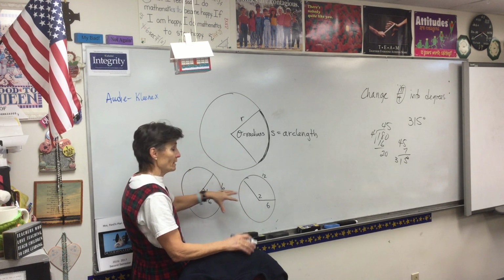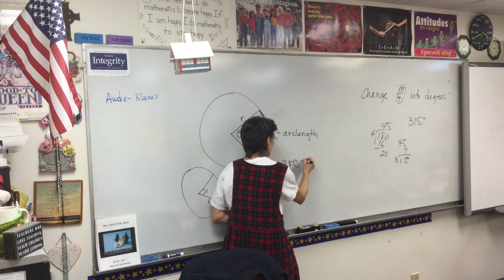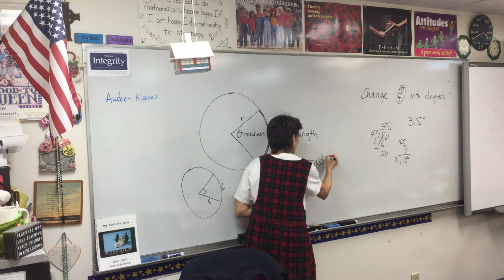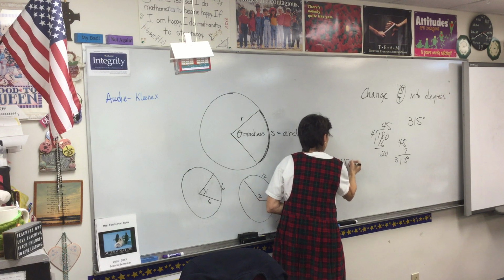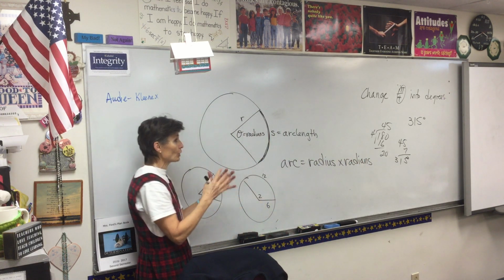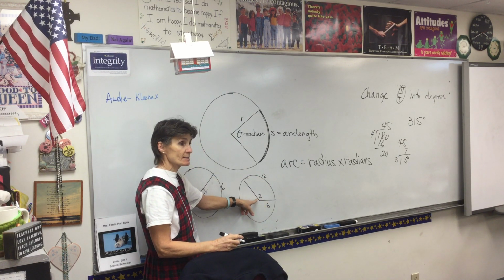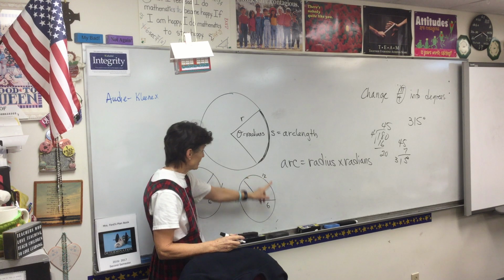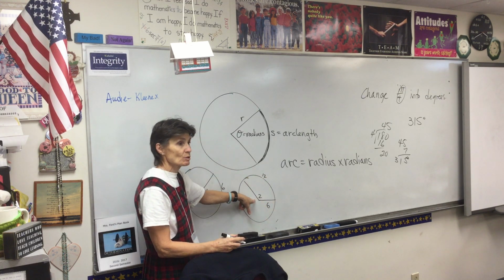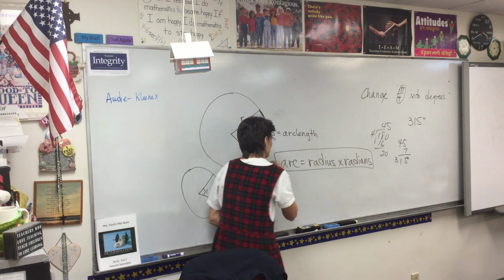Well, the formula that ties all that together says that the arc length is whatever the radius is times the number of radians you have. Arc length is radius times radians. See it? So we're going to memorize that right there.